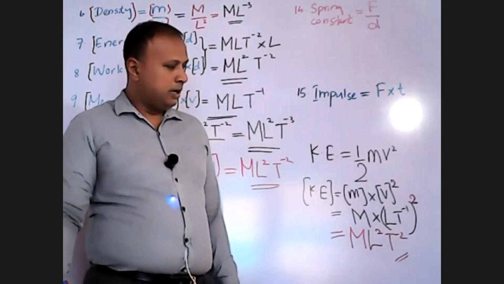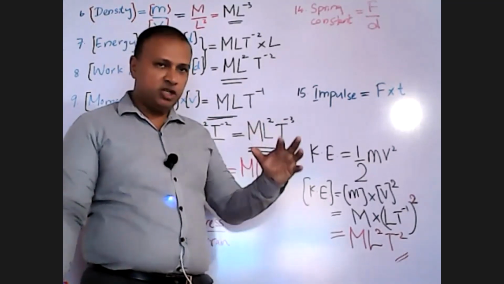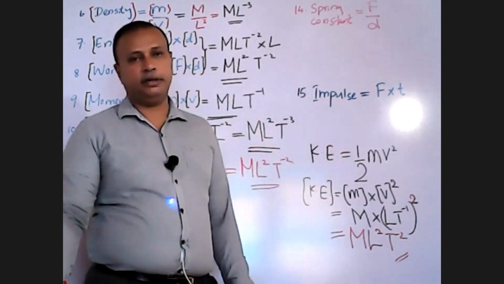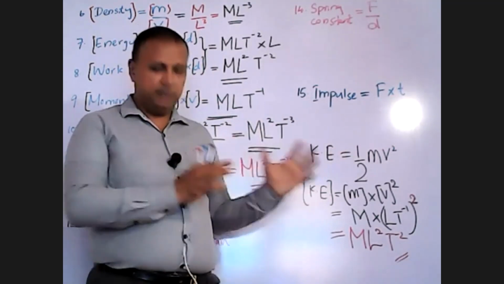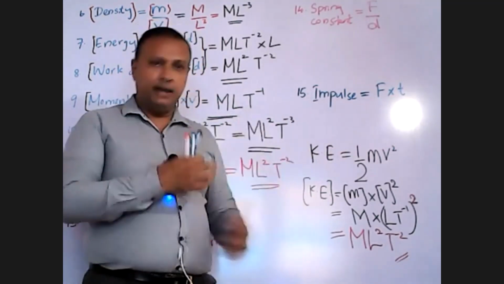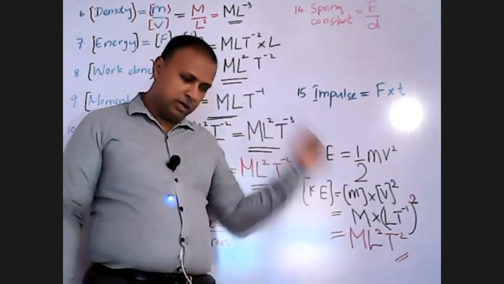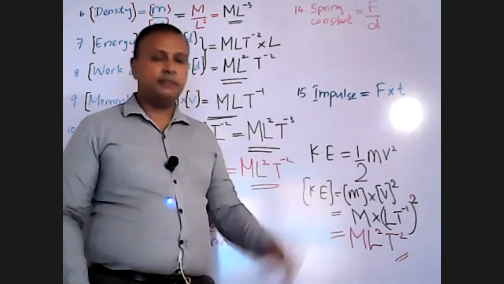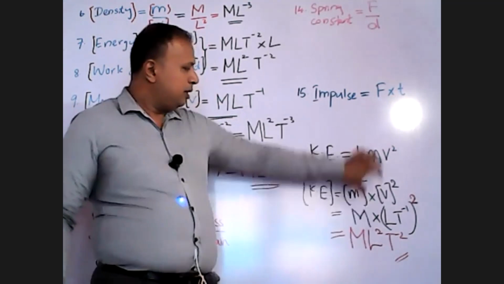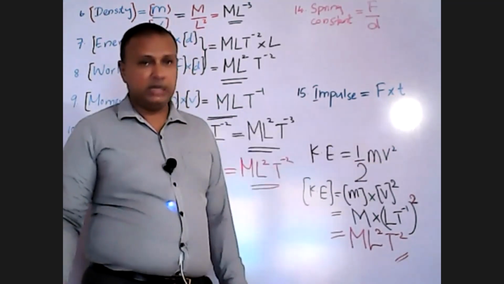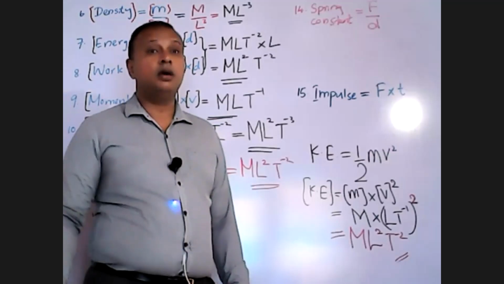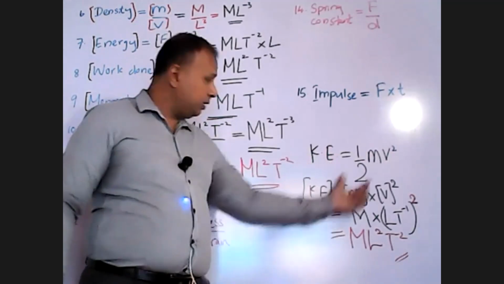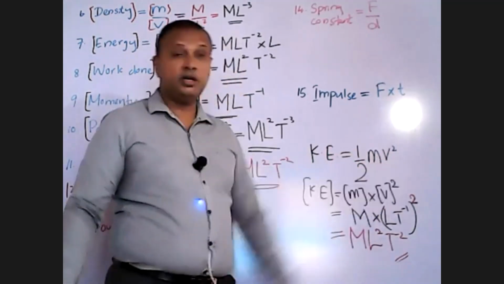Dimension of a derived physical quantity is a relationship between that particular derived physical quantity and basic physical quantities. So half is not a physical quantity, it's just a number, so it doesn't have a dimension. That's why the dimension of kinetic energy is the dimension of m into the dimension of v squared.